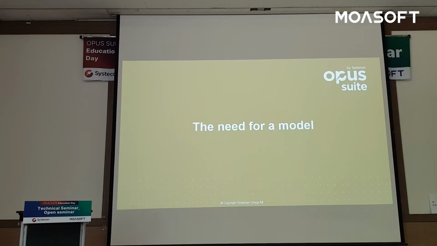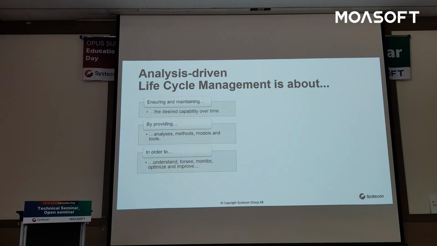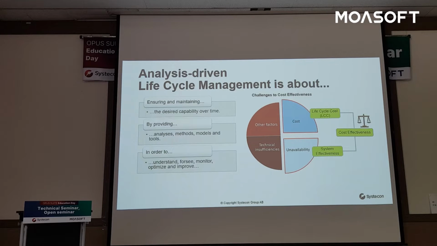Briefly, why do we need the model? We talked about it yesterday as well, but analysis-driven LCM, or RAM-C, is about ensuring and maintaining the desired capability over time by providing analysis, methods, models, and tools, because we want to understand, foresee, and monitor, to be able to improve this setup.